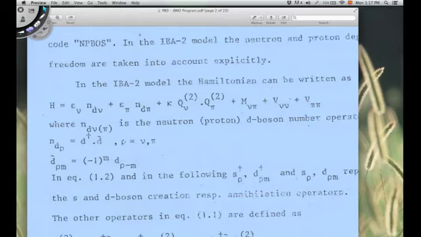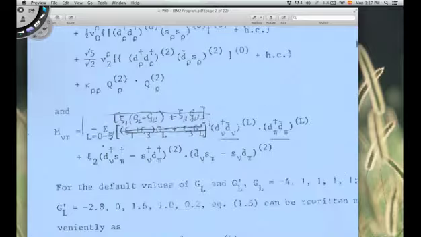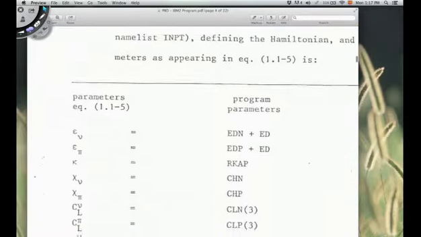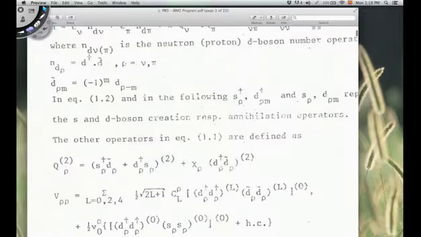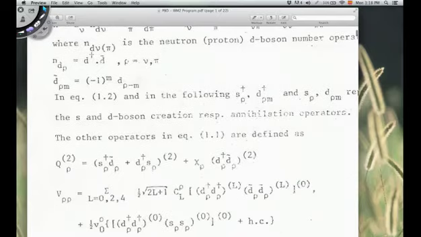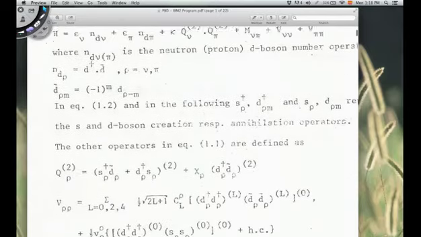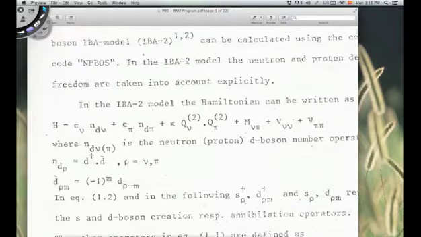Okay, but this is only when we consider bosons without fermions, just pairs of fermions. This is the basic structure of this Hamiltonian.